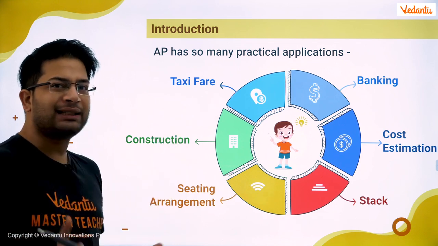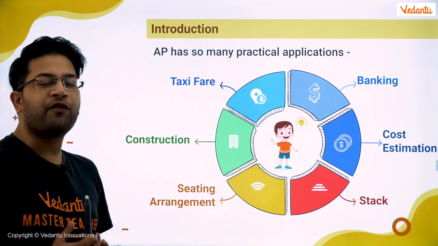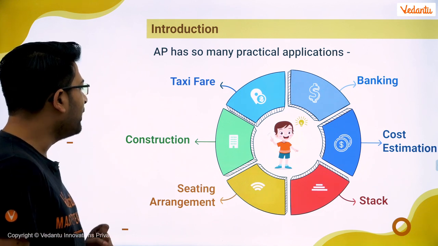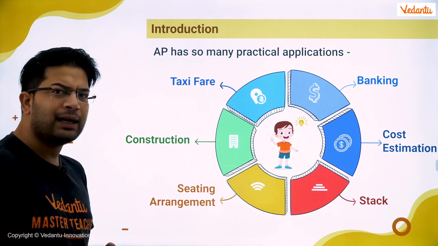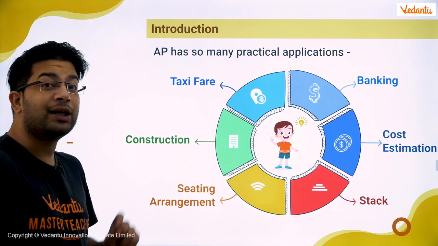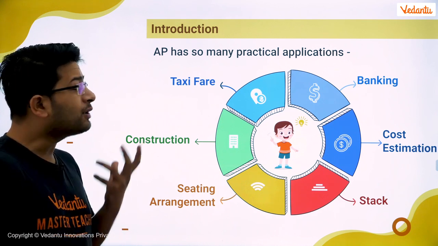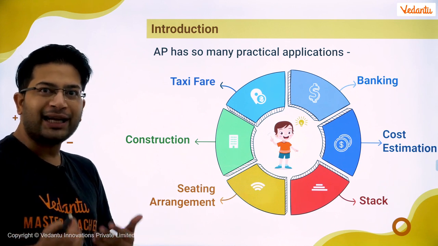There are many examples where we can use the concept of arithmetic progression, like taxi fare, construction, sitting arrangement, stack cost estimation, and banking also. Like in banking, if I have taken a loan, there will be some interest, right?